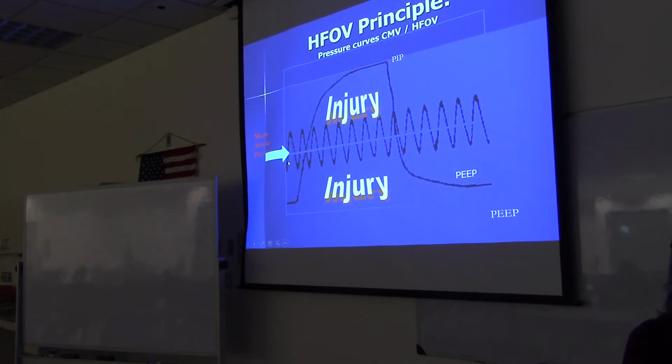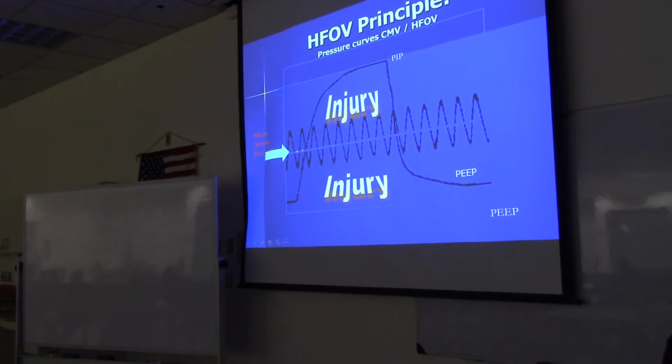And then the oscillations occur above that mean and below the mean. I guess it's above and below, like positive, negative, but never negative down to below PEEP or below 0. You've always got a positive pressure kept in the lungs.